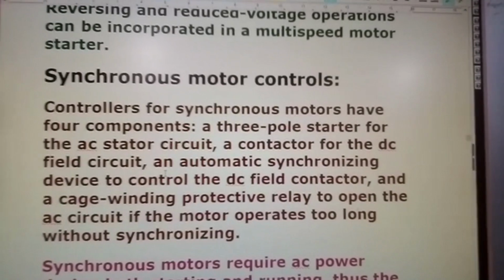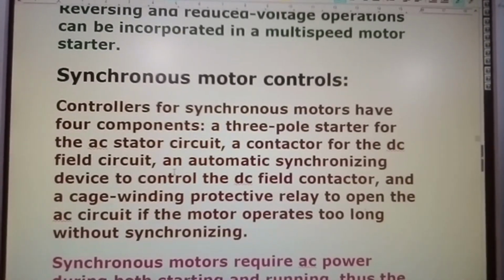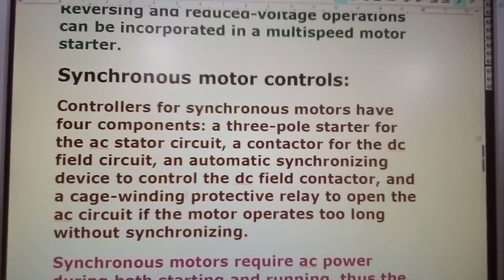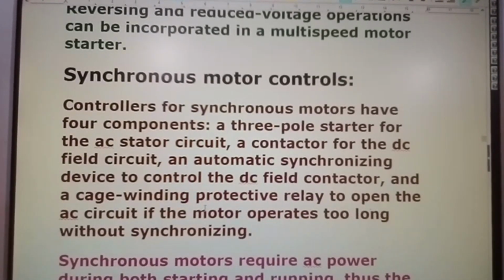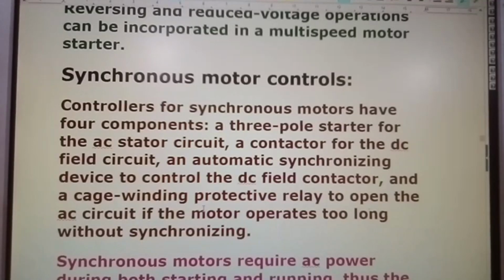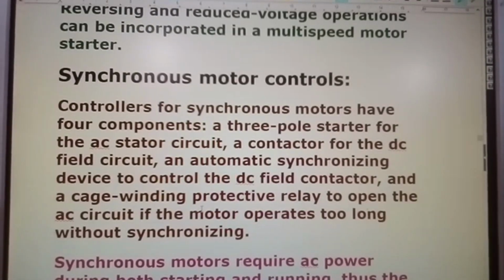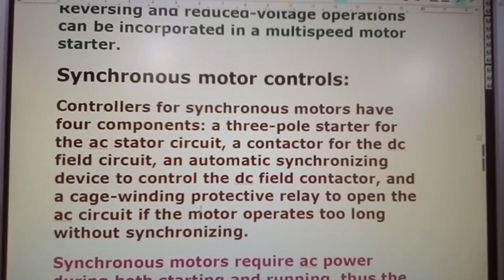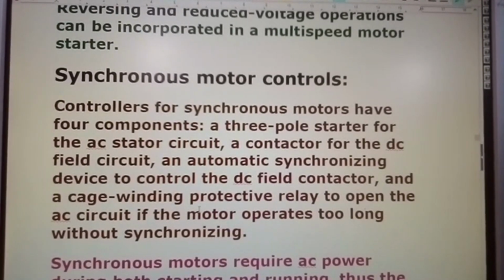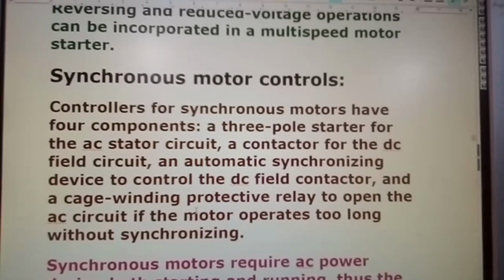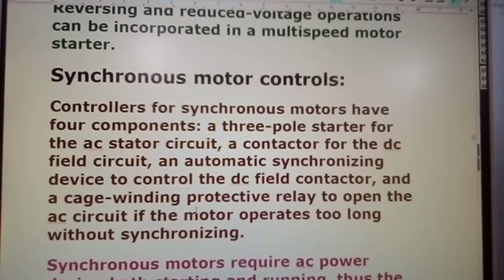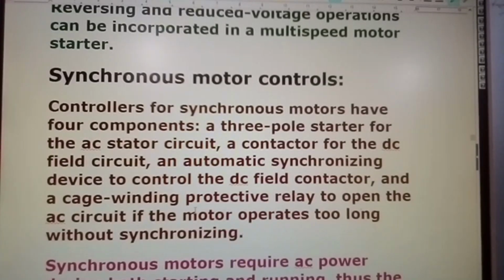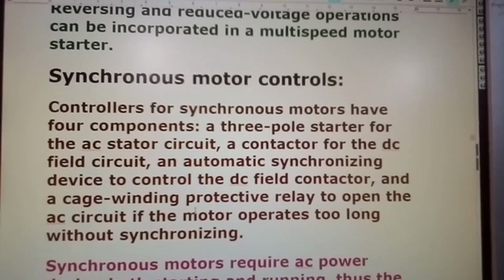Controllers for synchronous motors have 4 components: a 3-pole starter for the AC stator circuit, a contactor for the DC field circuit, an automatic synchronizing device to control the DC field contactor, and a cage winding protective relay to open the AC circuit if the motor operates too long without synchronizing.